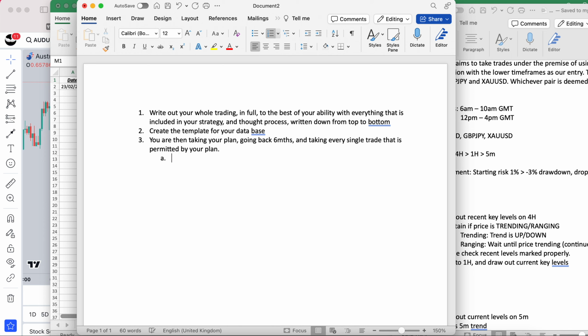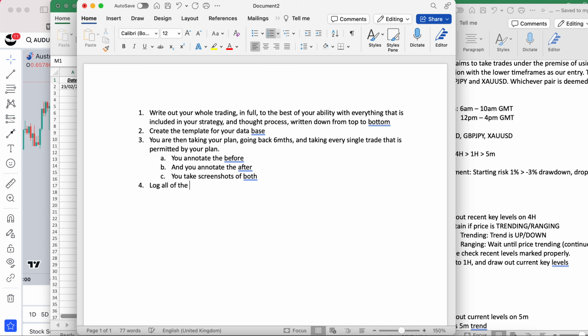Okay? However you guys trade, make sure you annotate the before and you annotate the after. You take screenshots of both, okay?